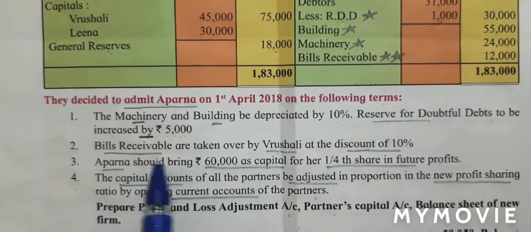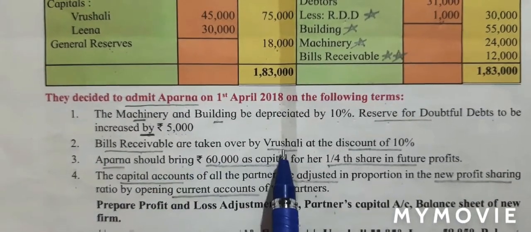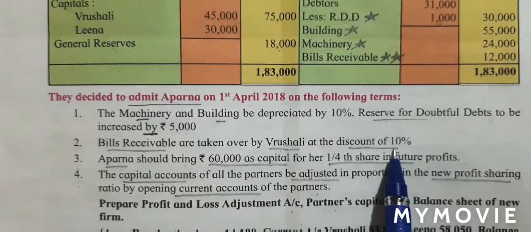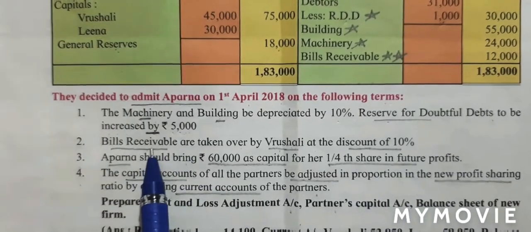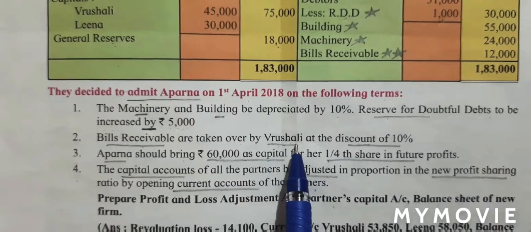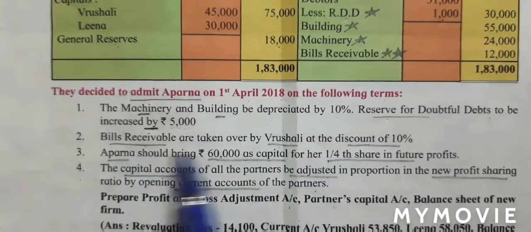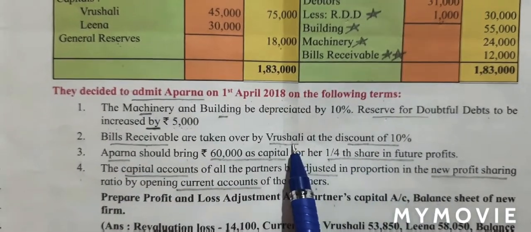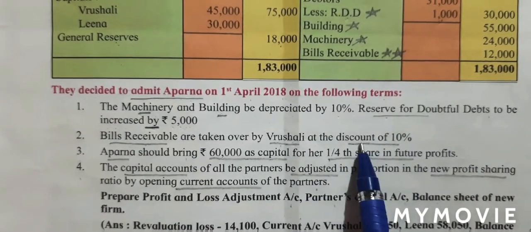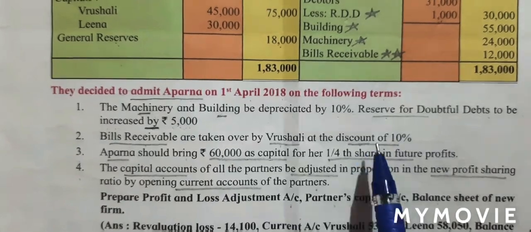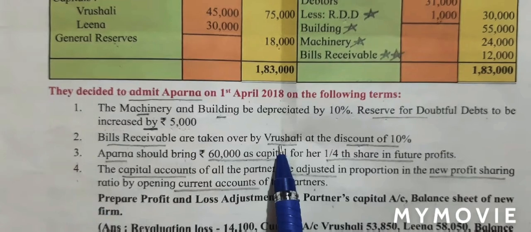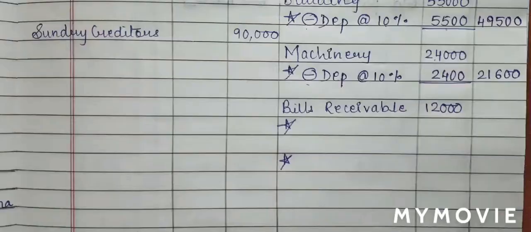Bills receivable are taken over by Vrushali at the discount of 10%. So students, your bills receivable has two adjustments. First adjustment is discount, and the second one is partner is taking over the asset at a discounted value. So first we will always solve discount, and after discount we will say that the partner is taking over. So let's do this adjustment.